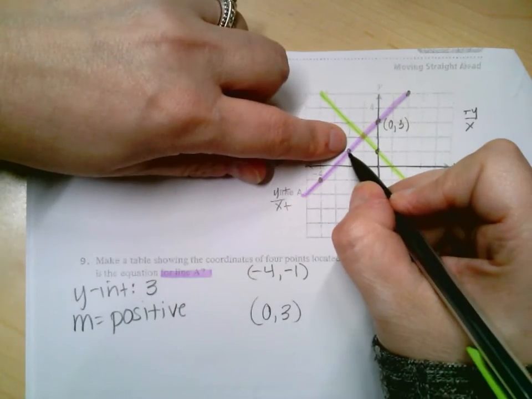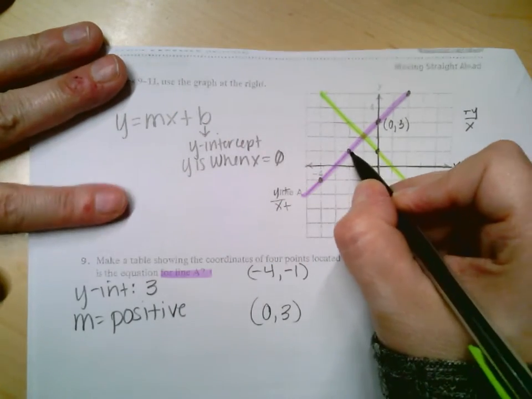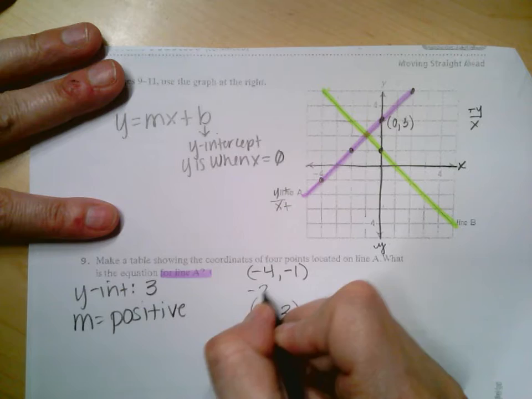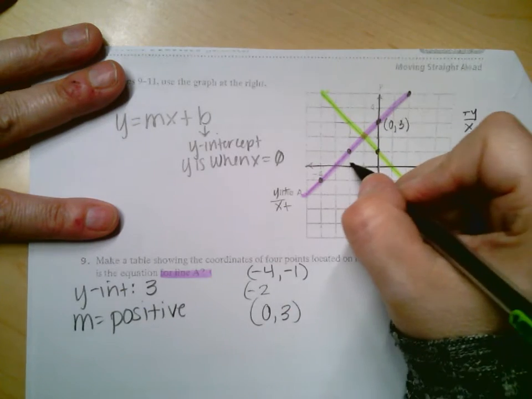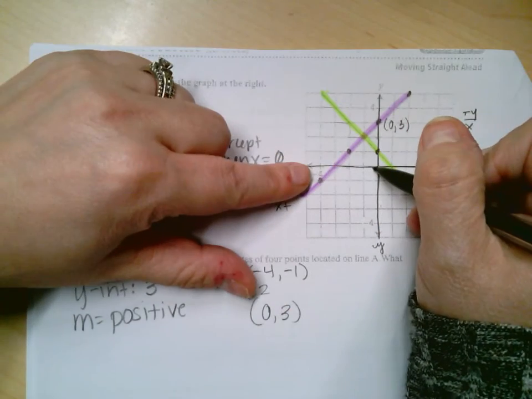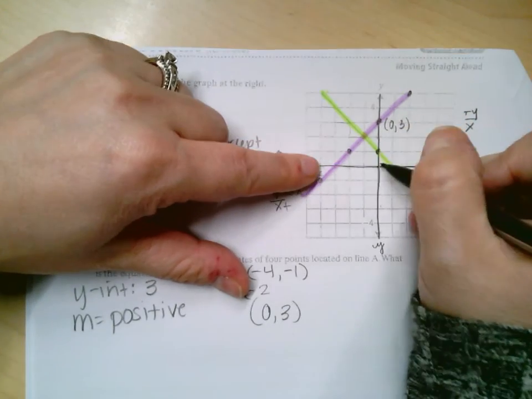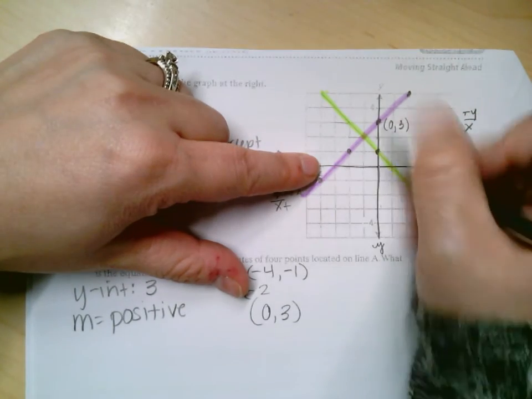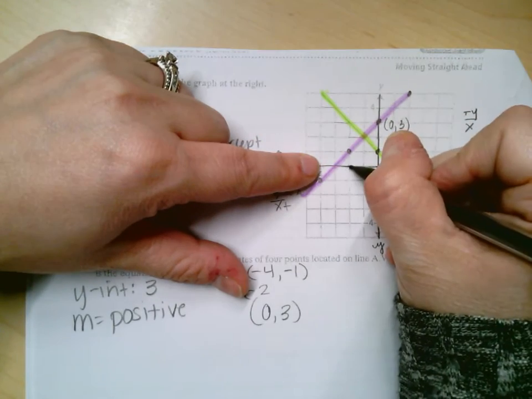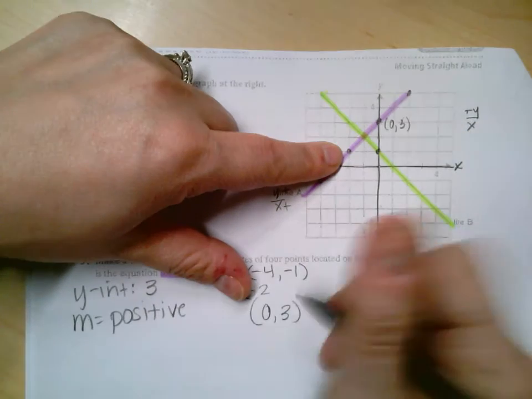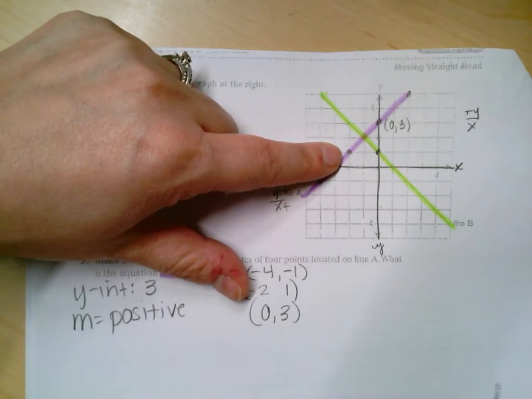Well, this one right here, I go left 1, 2, so I'm still in the negative, negative 2, but I'm above that x-axis. So I'm negative 2 because I'm to the left of my y-axis, and I'm positive 1, which is 1 above my x-axis.